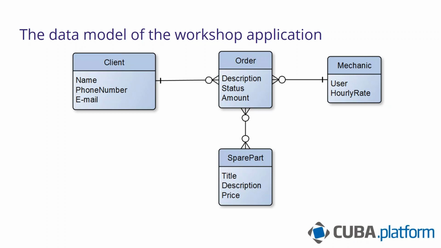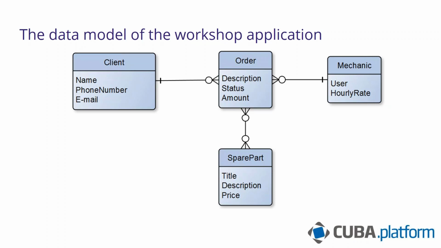So just a small basic ERP system for a bicycle workshop. It has a really simple and small data model, as you see. We have four base entities: clients, orders, mechanic, and spare part.